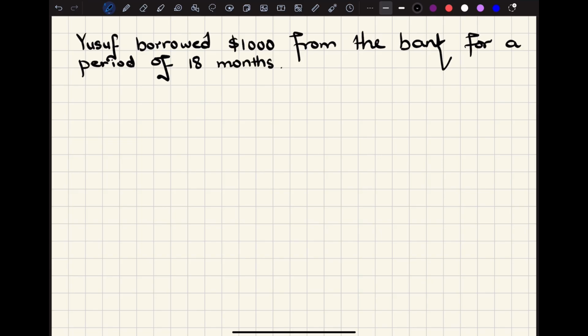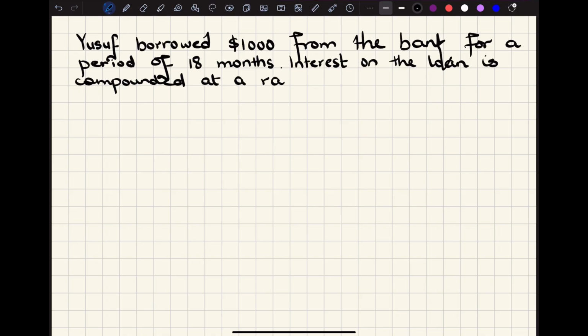Okay, so interest on the loan is compounded at a rate of 4% every 3 months.